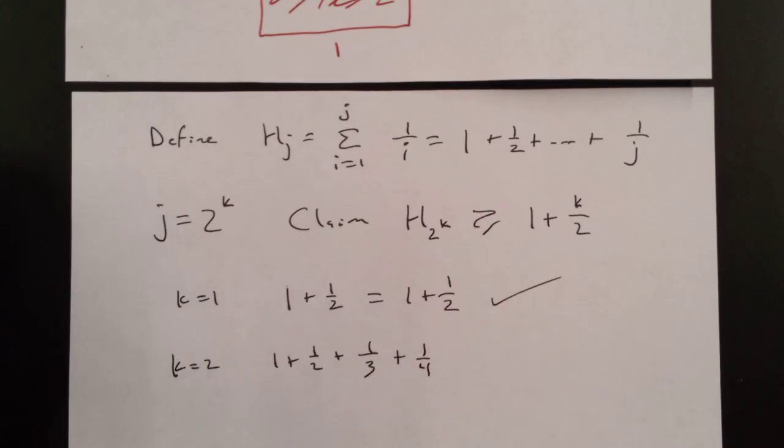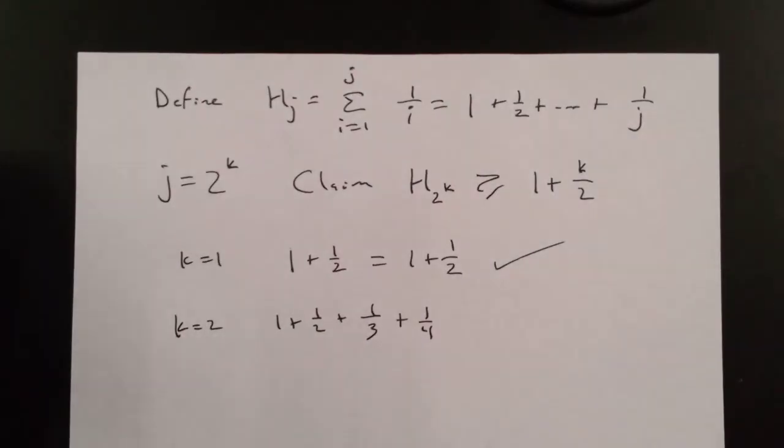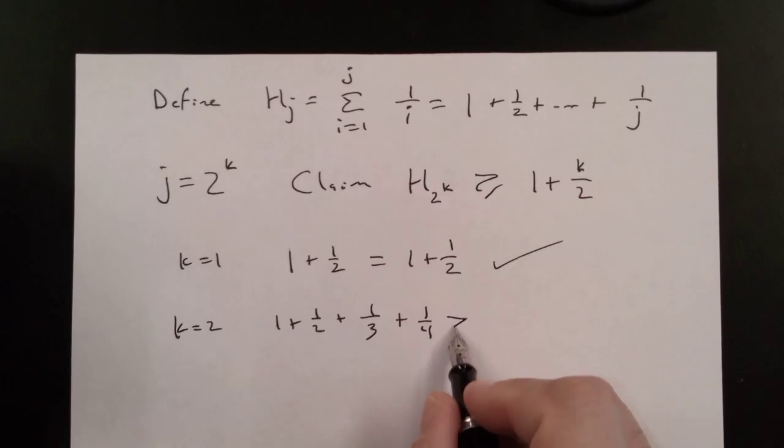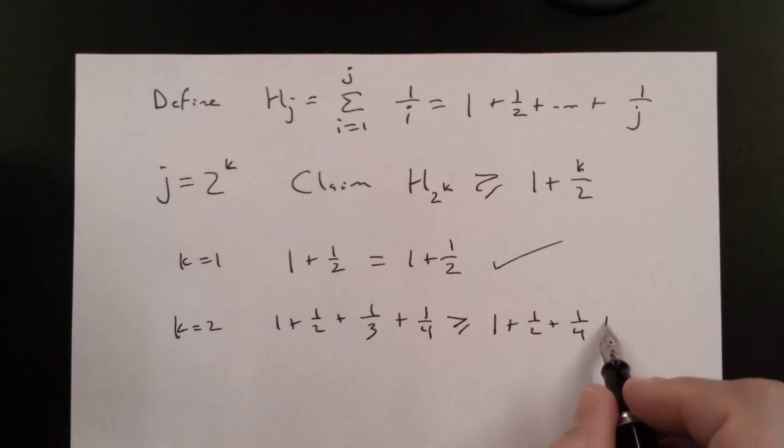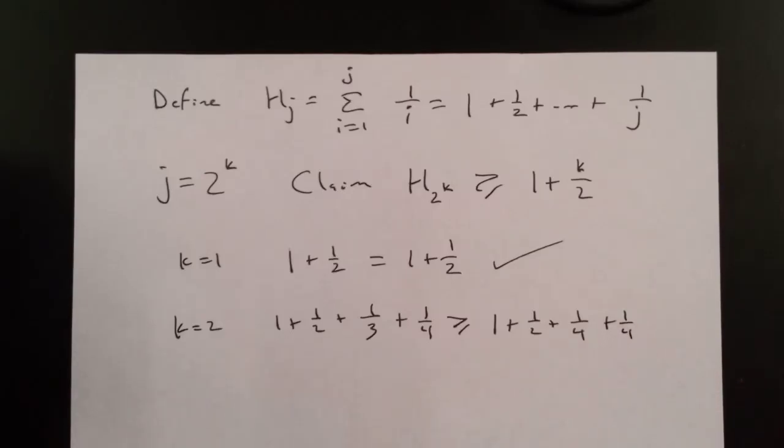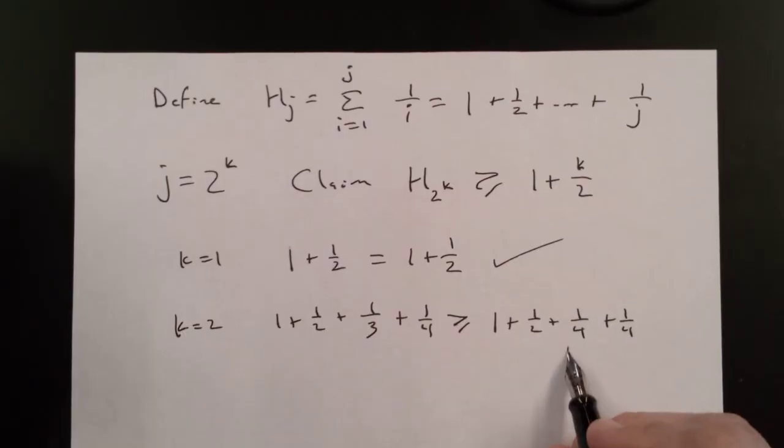Hey, wait a minute. A third is bigger than a fourth, isn't it? So this is bigger than 1 plus 1/2 plus 1/4 plus 1/4, isn't it? What's this add up to? 1/2.